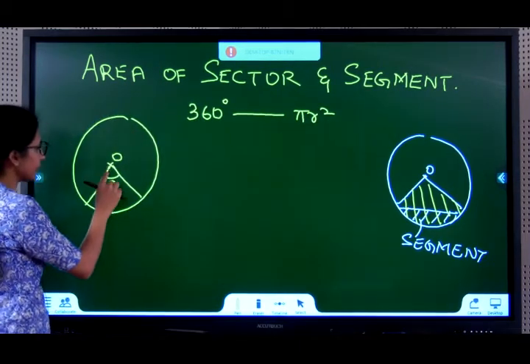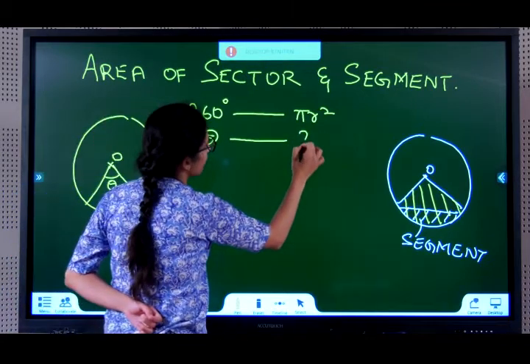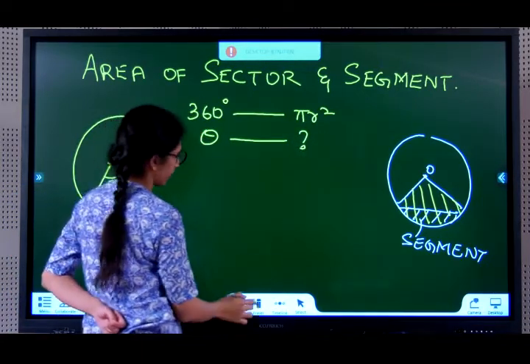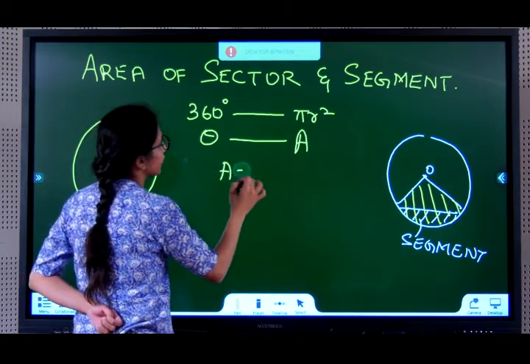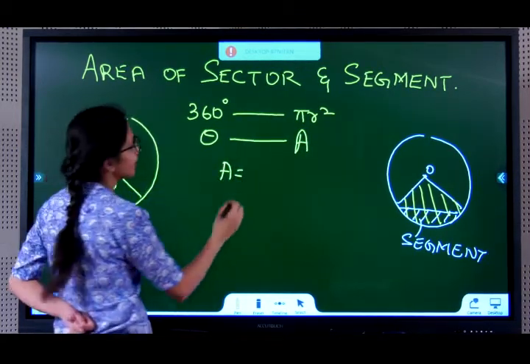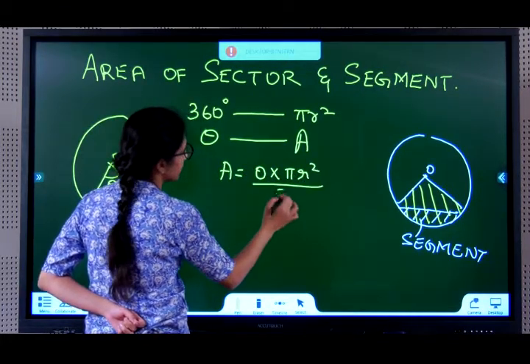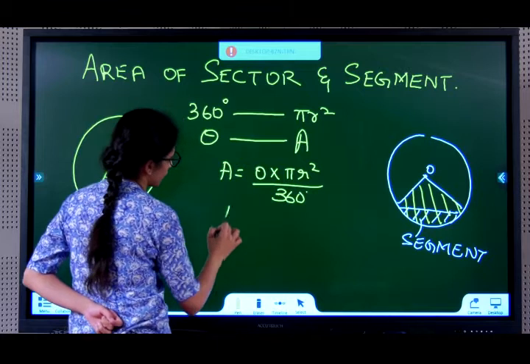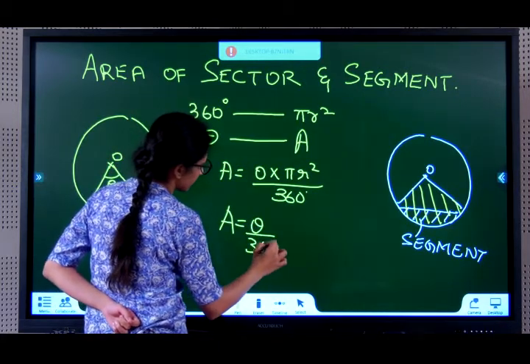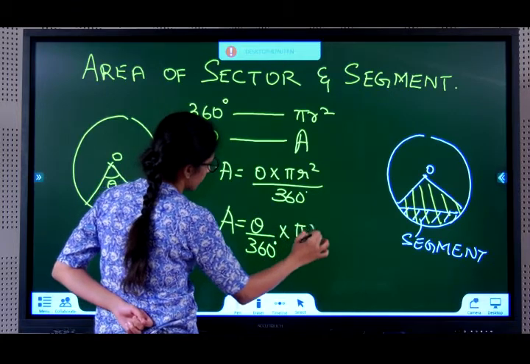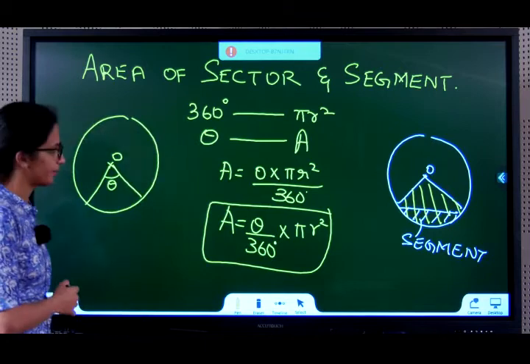So if it is only theta, then how much is the area? By the unitary method, cross multiplying, area is equal to theta by 360 degree into pi r square. This is the formula for area of sector.